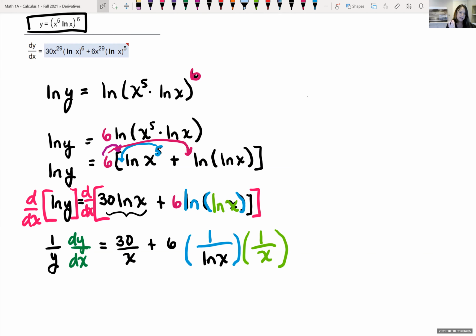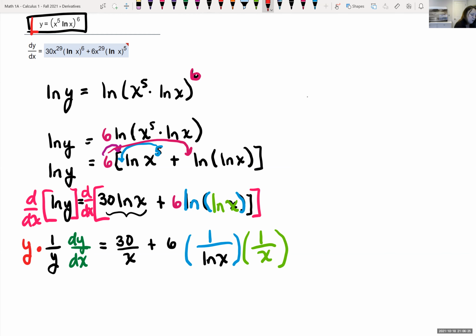Okay, I want dy/dx by itself, but because I took the natural log of both sides at the beginning, I have this 1 over y times dy/dx. So we can get rid of that y in the denominator on the left-hand side of my equation by multiplying both sides of my equation by y.